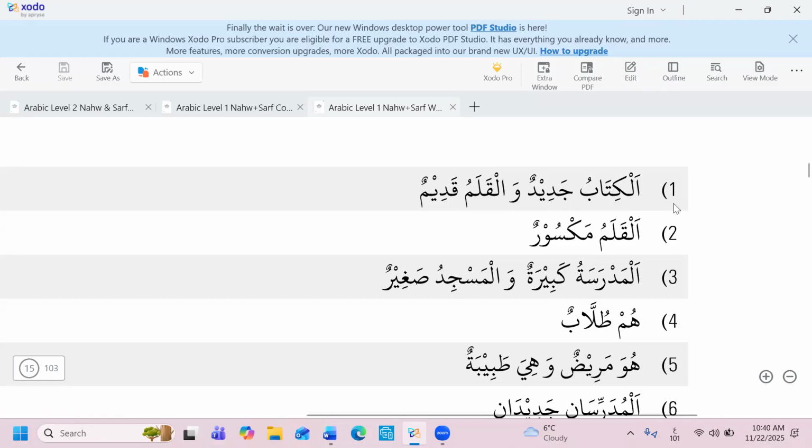So al-kitabu jadidun. Is that a sentence? So you put an is between it, and the meaning is the book is new. Wal qalamu. Now you got another sentence. Wal qalamu qadimun. And the pen is old. What does Qadim mean? Old.